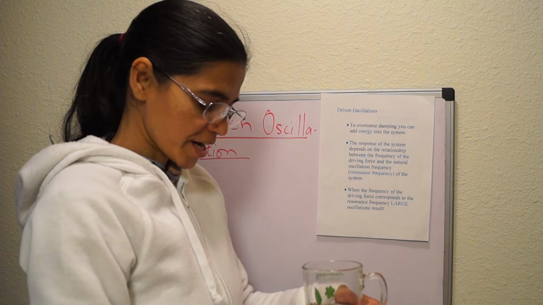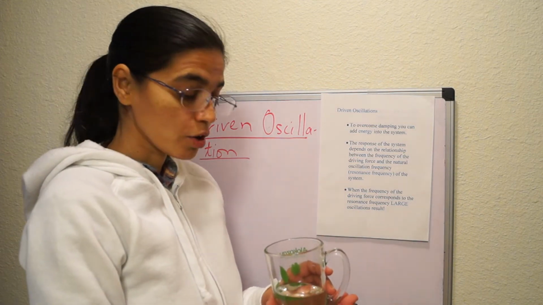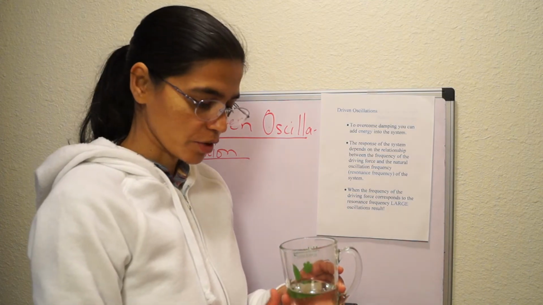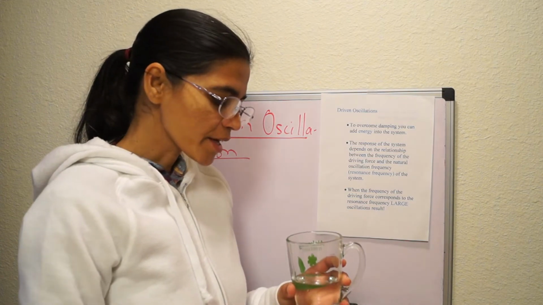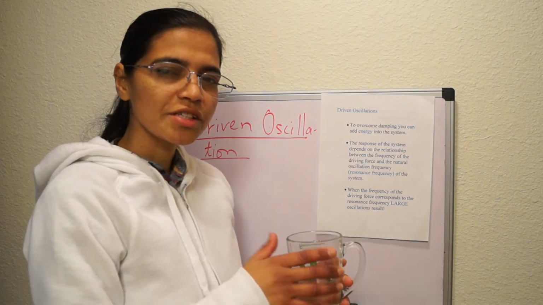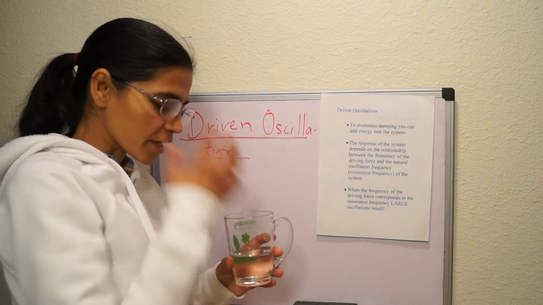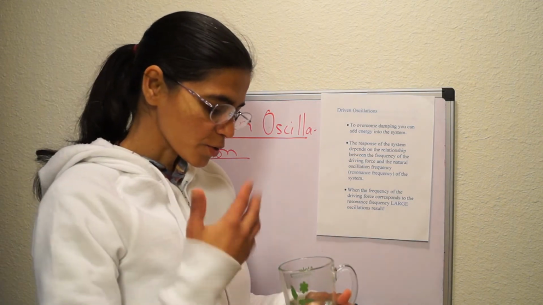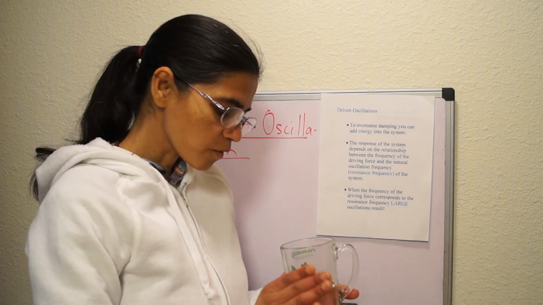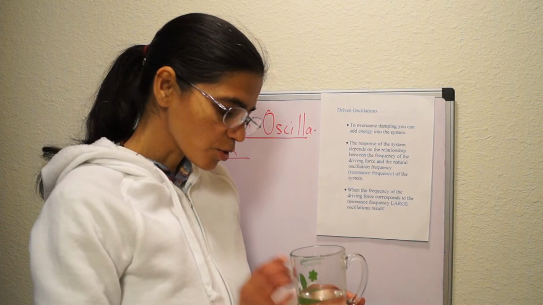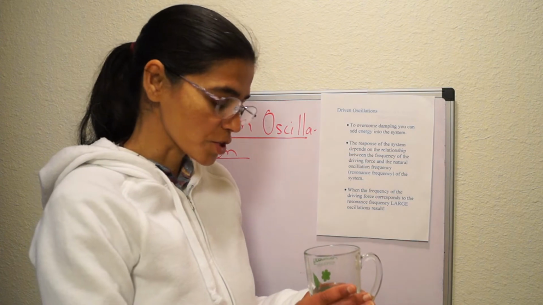So I have water, right? This system has its own oscillation frequency, okay? Meaning it has a certain energy, right? And now if I apply external energy, it's going to bring some changes in the system, right? But if this water was already oscillating by itself, and now I apply an external force to oscillate it, then what happens? It's going to respond in a different way, right, with the external force.